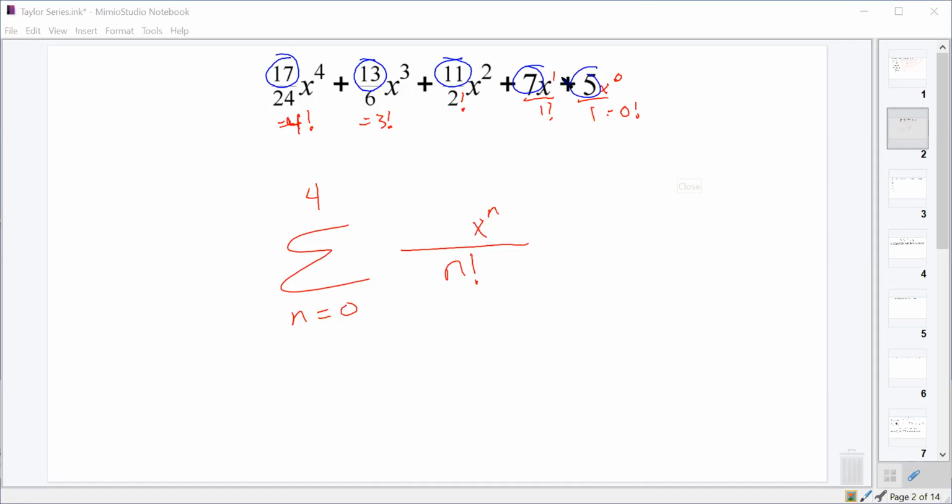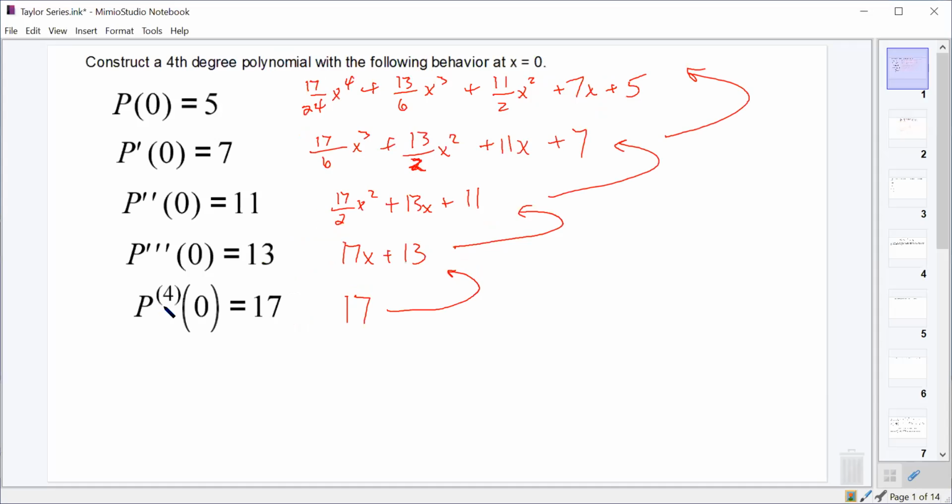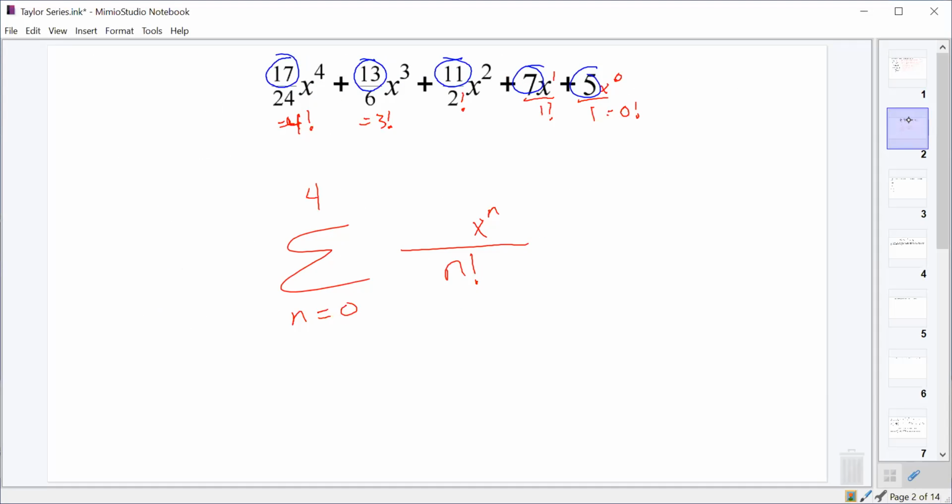Yeah, they're the slopes, or they're the values of the nth derivative at 0, right? Which we would notate like this: the nth derivative of p at 0. So effectively, that's what we've done here.